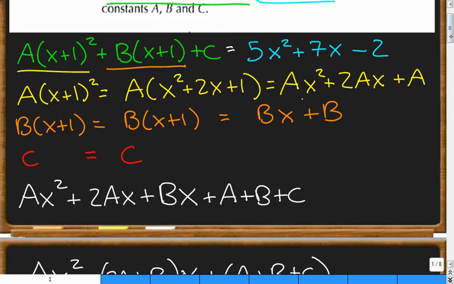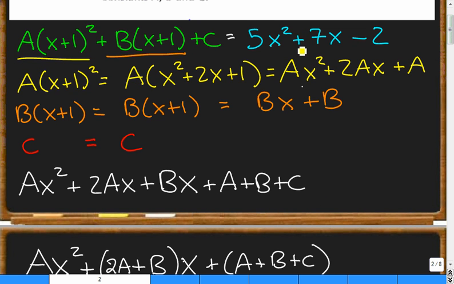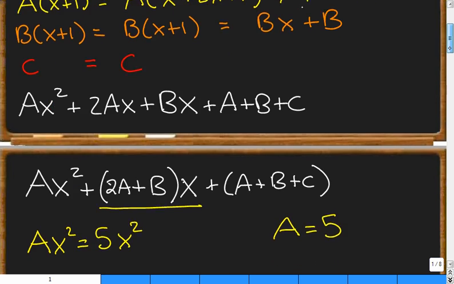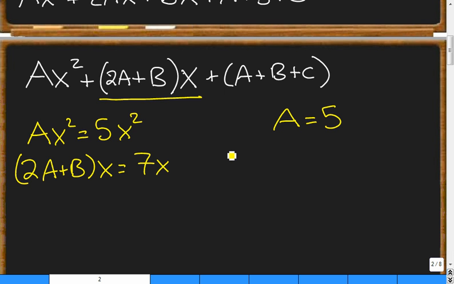We have our (2a plus b) times x. That is going to equate with our 7x. So if (2a plus b)x equals 7x, then we have 2a plus b equals 7.